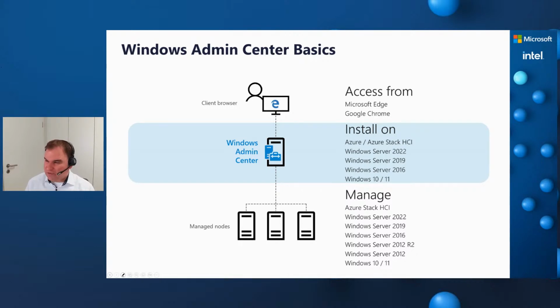The gateway mode is configured on Windows Server. Doesn't matter which version we use. Windows Admin Center can be installed beginning with Windows Server 2016. And there we have a gateway configuration. It's configured automatically. That means that 10, 20, 50, how many you have, administrators can use the Windows Admin Center on this server to manage other servers in the network.